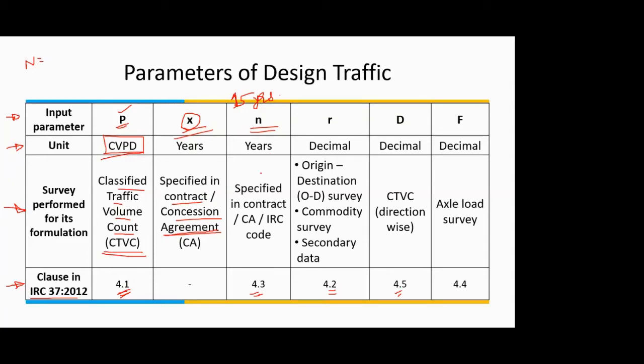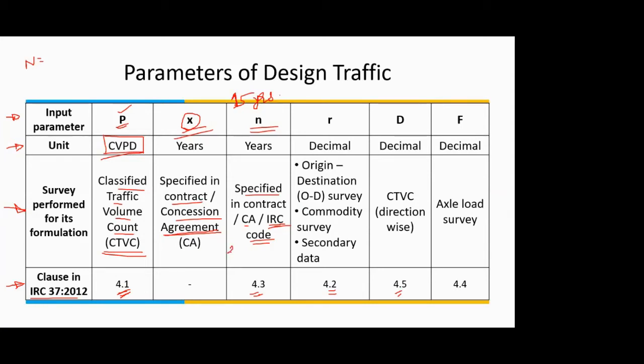Okay, and again, this value is specified in your contract or the concession agreement, or sometimes in the IRC code. Now the IRC code will not be 37/2012 for this particular value. Suppose you want to construct a 2-lane road or a 4-lane road or a 6-lane road.